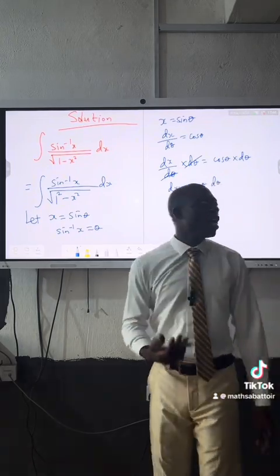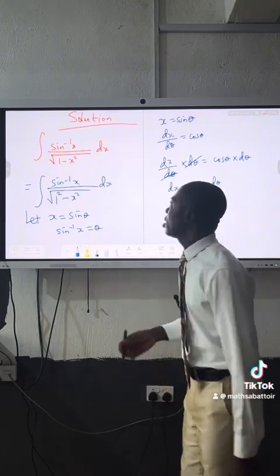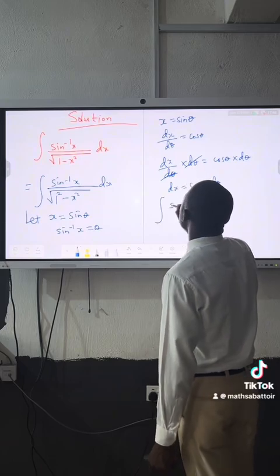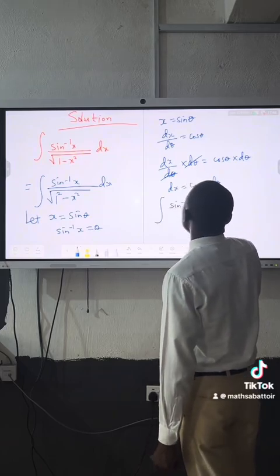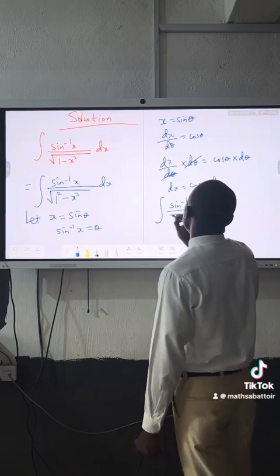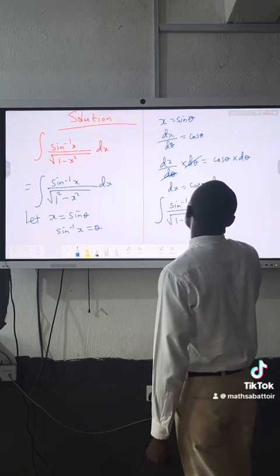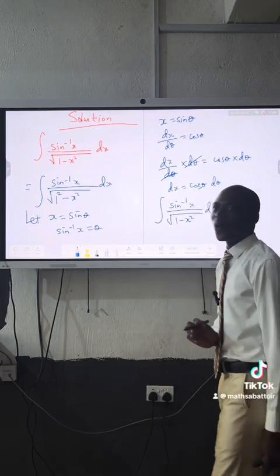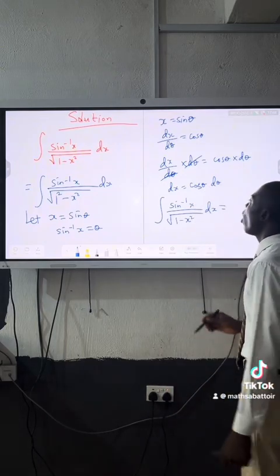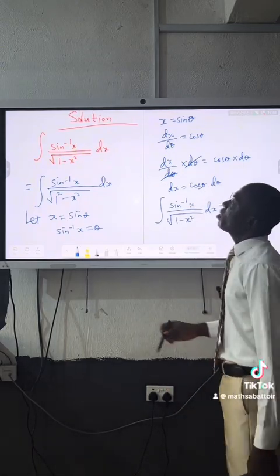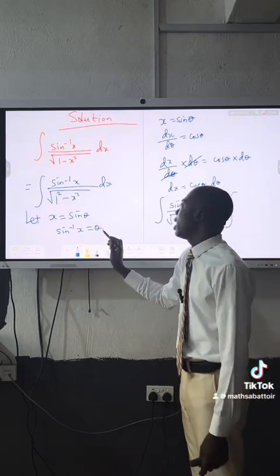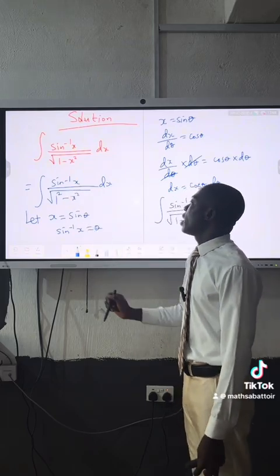That means that the original expression will reduce to something else. The original integral, which is the integral of sine inverse of x all over the square root of 1 minus x squared dx, will now become, just follow carefully, the integral of, instead of sine inverse of x now, what's the equivalent?